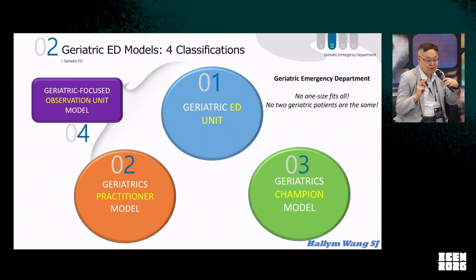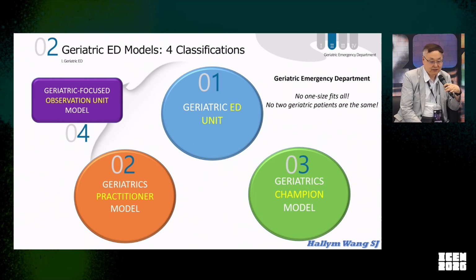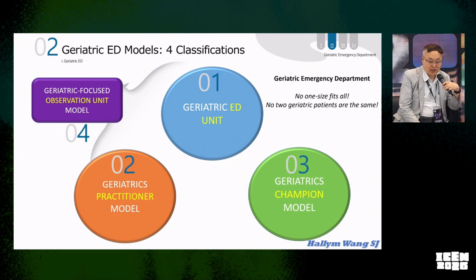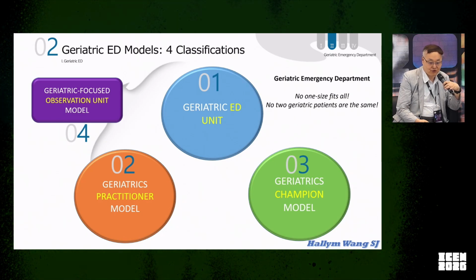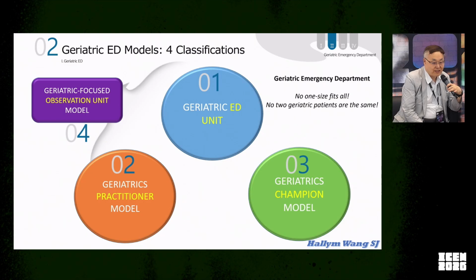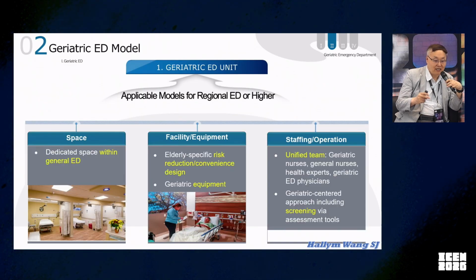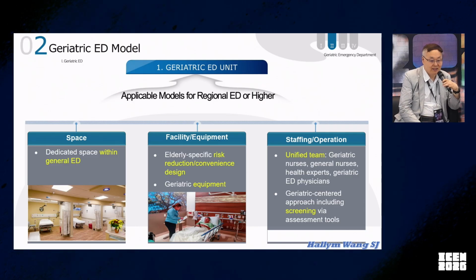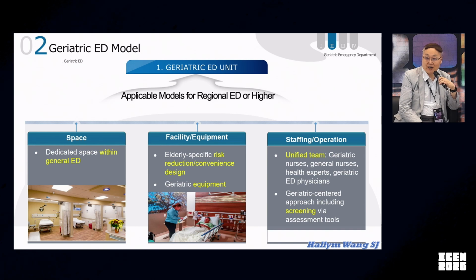How about the 4 classification model? I recommend this 4 classification model. Number 1 is the geriatric ED unit model, 2 is the geriatric practitioner model, 3 is the champion model, 4 is the observation unit model. I'll explain one by one. The geriatric emergency department unit model is applicable for a regional emergency department or higher.